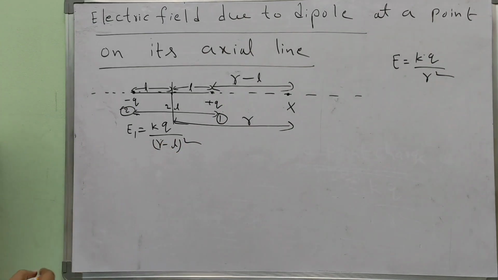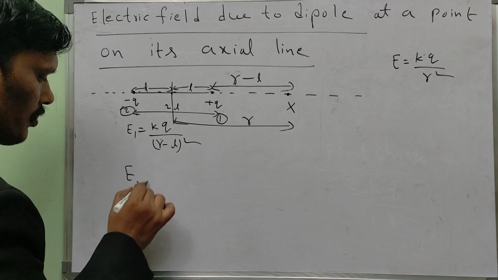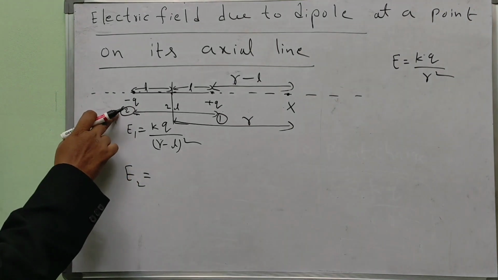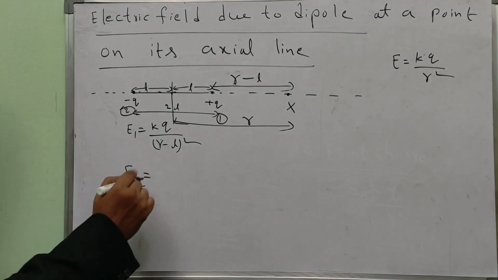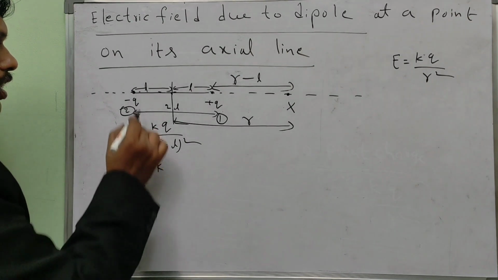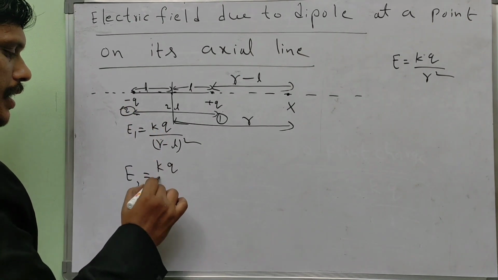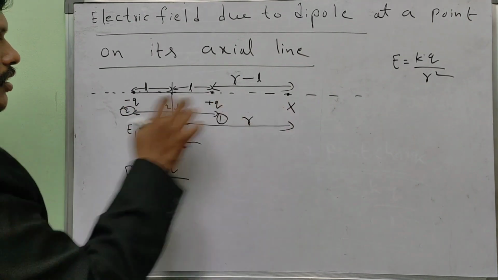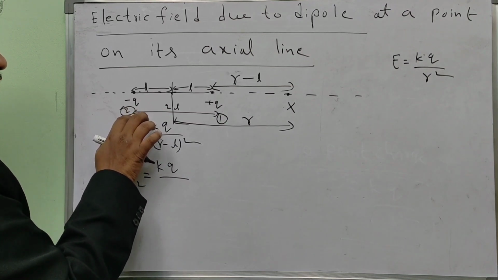That is E1. How to calculate E2? E2 means because of the second charge, the negative charge. So K into the magnitude of the charge Q by the distance of the point from the negative charge.